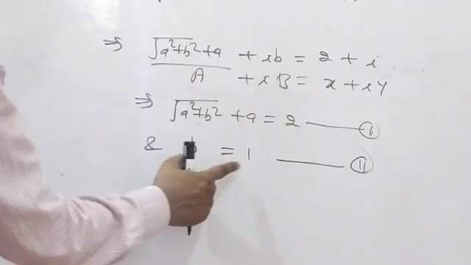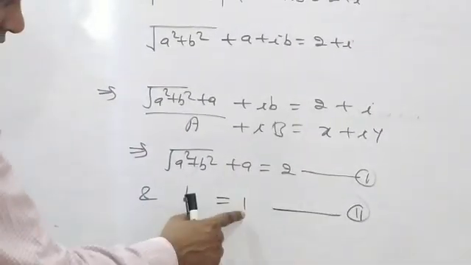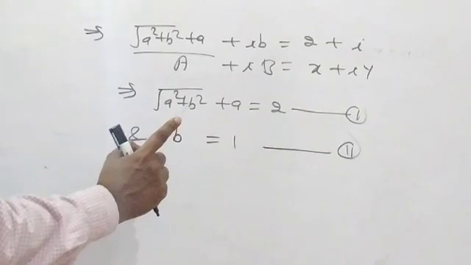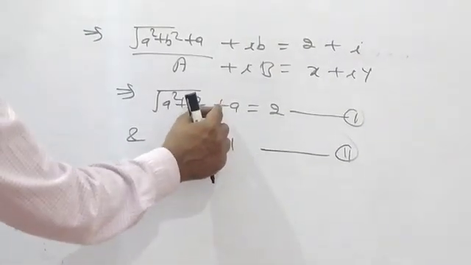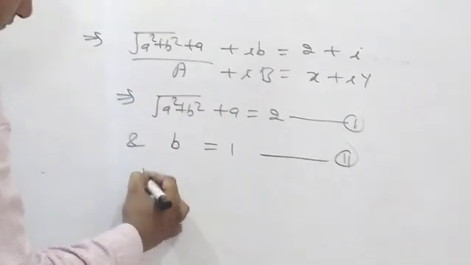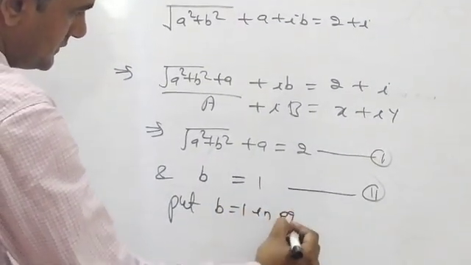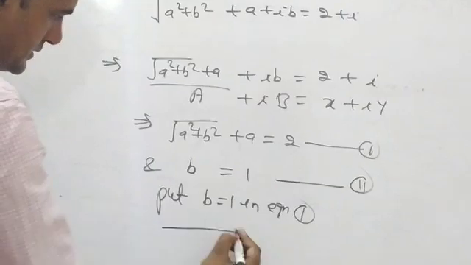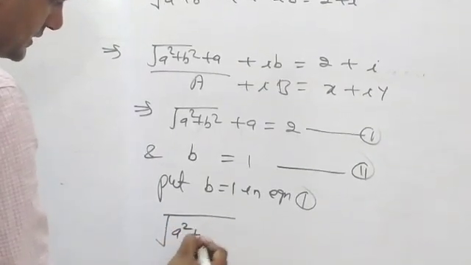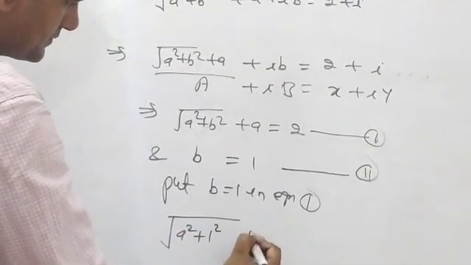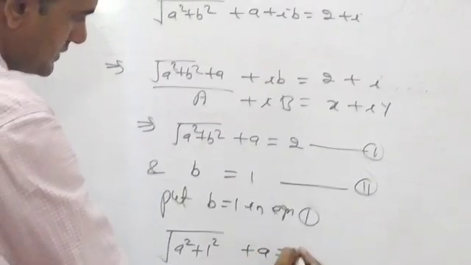Now the value of b is equal to 1, we will put in equation number 1. Put b is equal to 1 in equation number 1. Under root a square plus 1 square plus a is equal to 2.